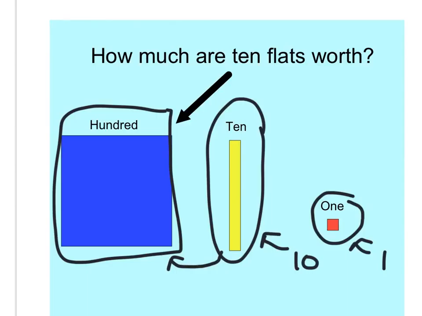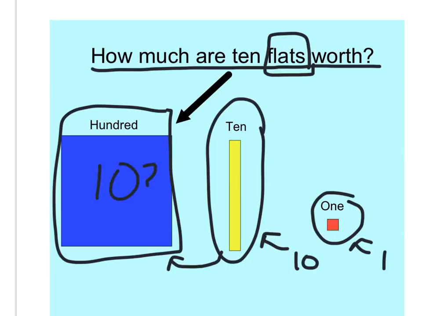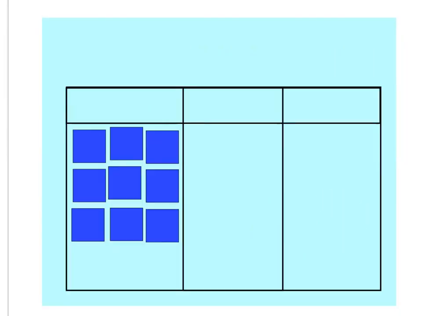So if that's the case, how much do you think 10 of the hundreds, or flats as we sometimes call them, are worth? If I had 10 of these, what number would I have? Think about it and write it down on your slate. Let's check that problem.